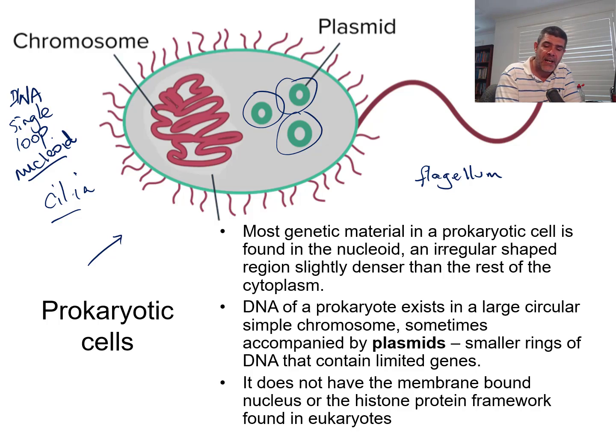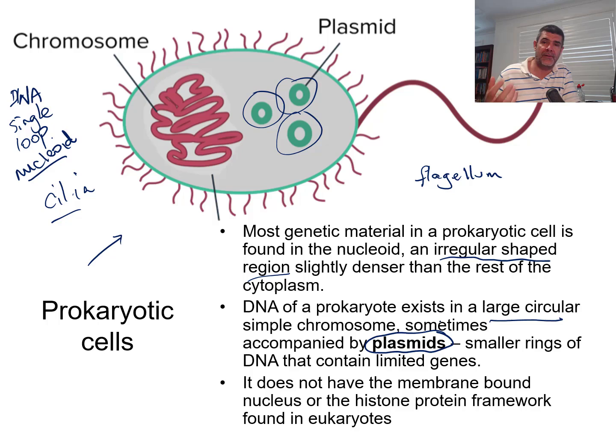So we find irregularly shaped regions that can be slightly denser than the rest of the cytoplasm. We find these large circular plasmids, which are the little rings of DNA, and those are going to be particularly important later on as we start to look at ways of manipulating the genetic information.